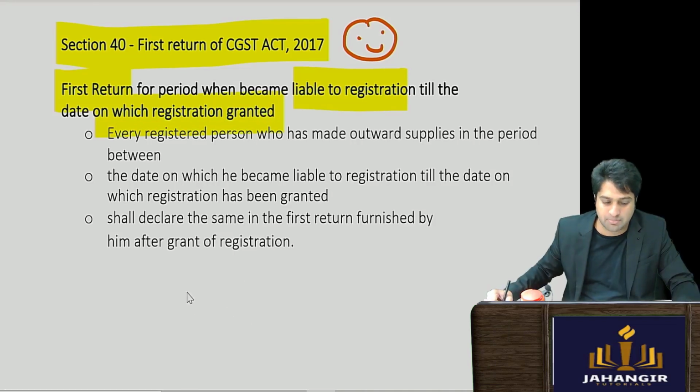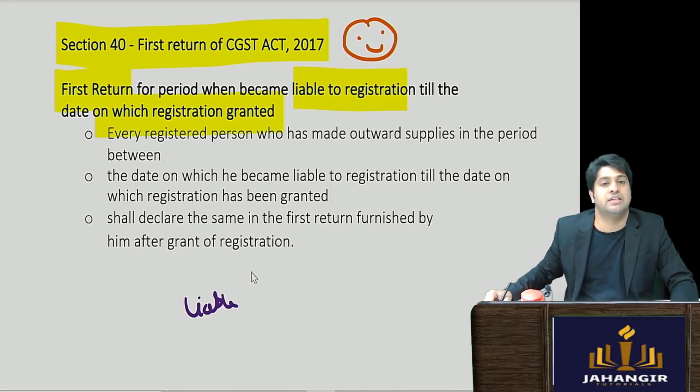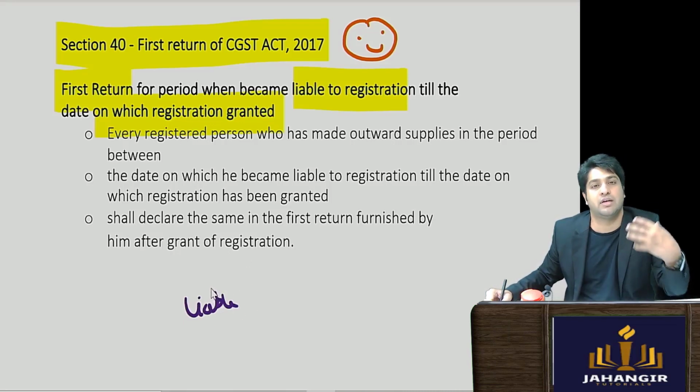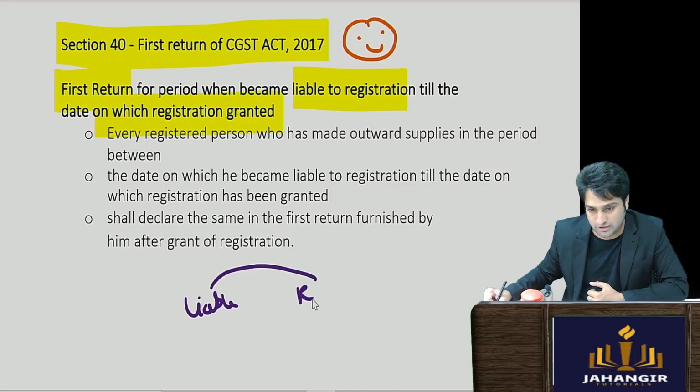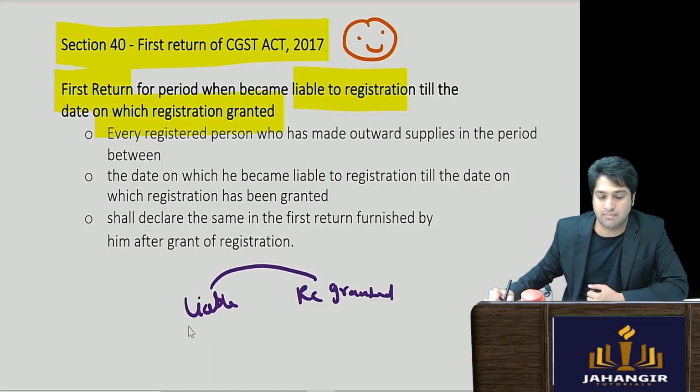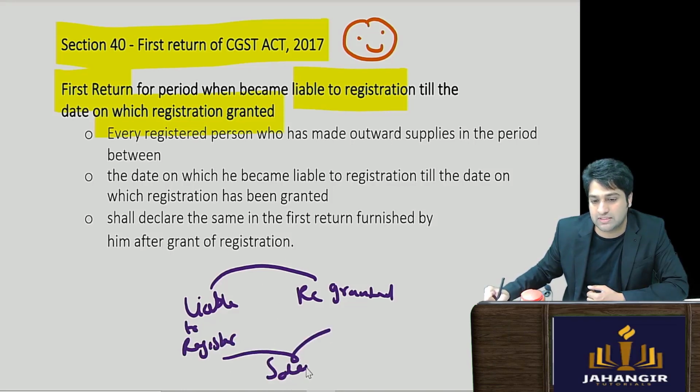So maybe I must have exceeded my turnover, so I became liable under GST. But obviously filing or getting the registration certificate takes time. So there is a time gap between being liable to register and the registration certificate being granted. In this time gap, whatever sales I make, I need to inform the government by my first return.